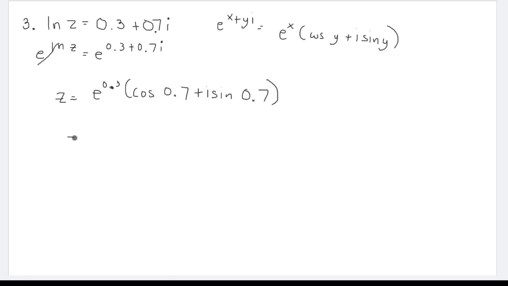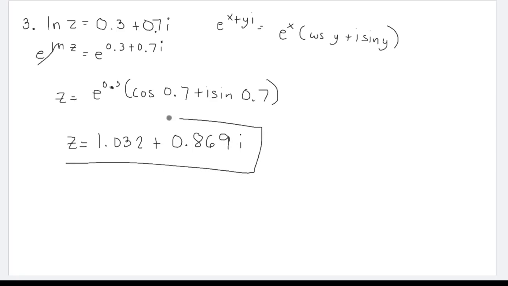And we will result with the value of c that's equivalent to 1.032 plus 0.6869i. So this is the answer for number 3.